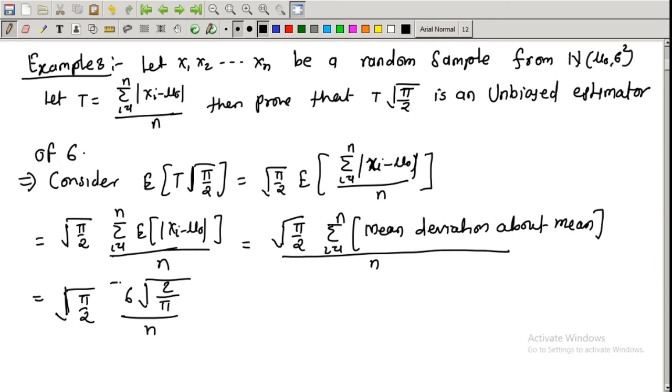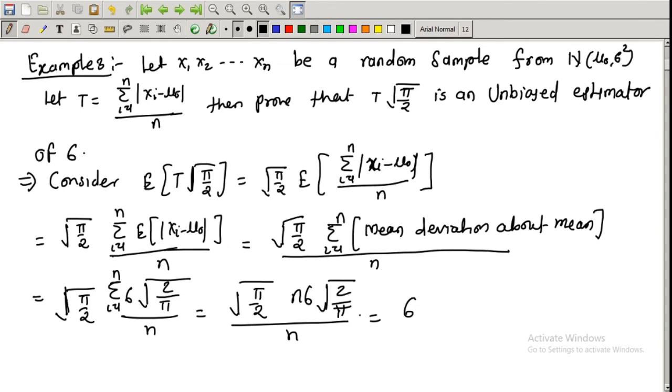N times. So summation over i going from 1 to n, which is equal to under root pi by 2 n sigma under root 2 upon pi whole term divided by n. So this n gets cancelled, root 2 upon pi gets cancelled. What is remaining? Only sigma.